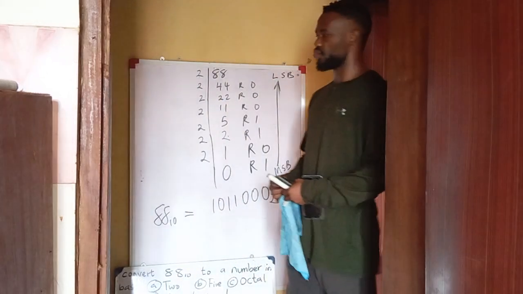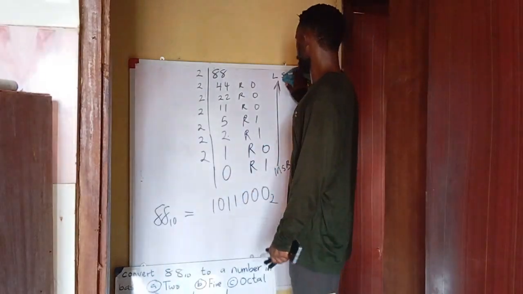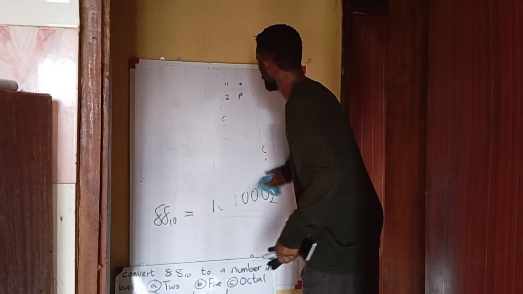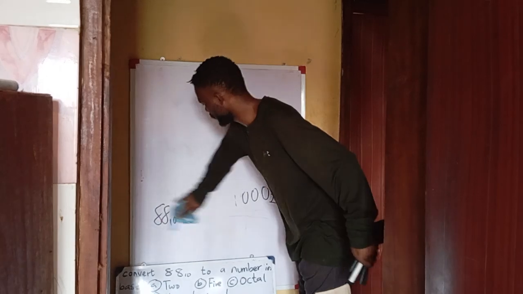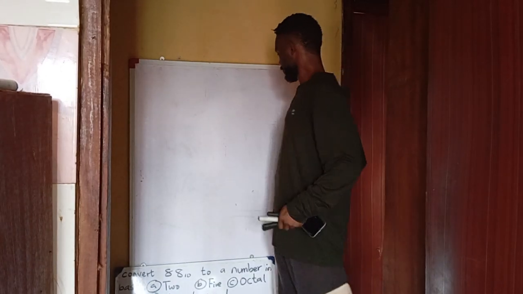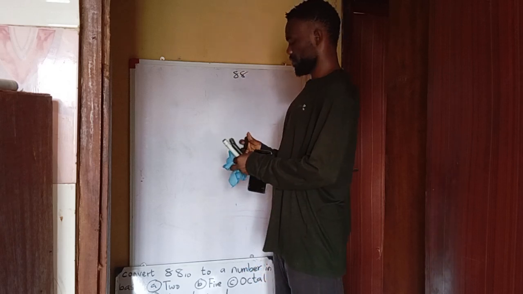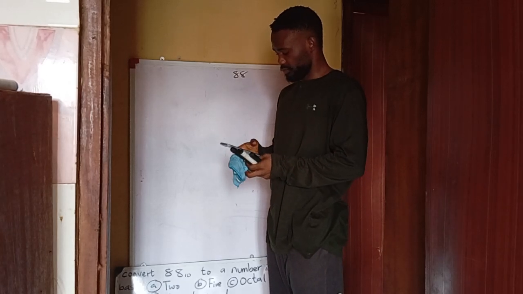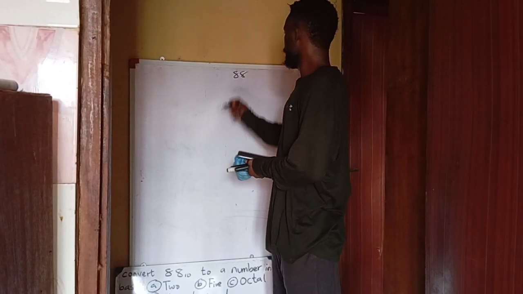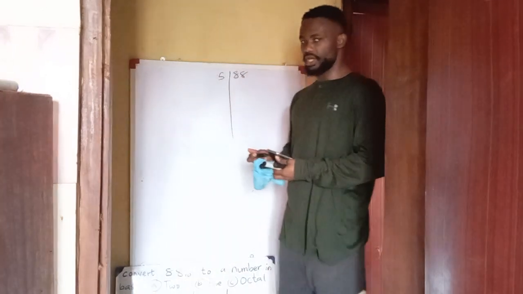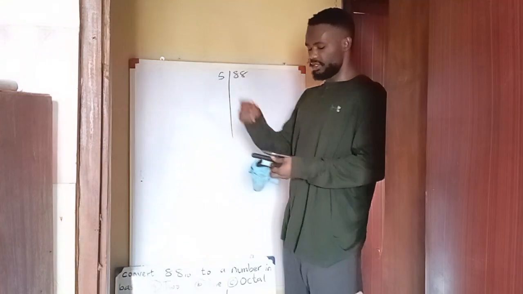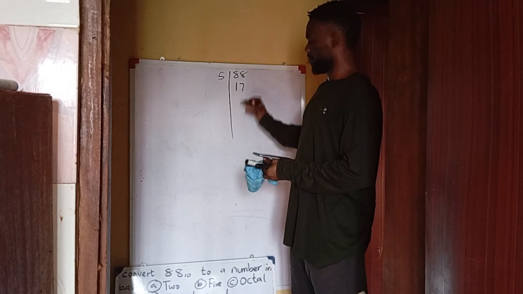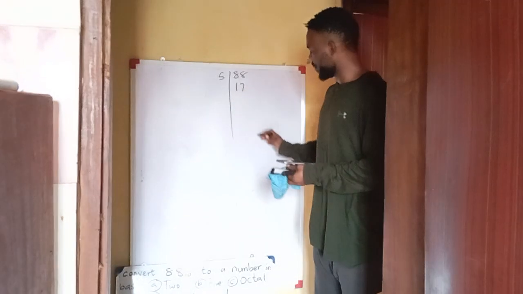So remember, they also asked us to convert this to base 5. So let's see what we have. 88, it's very simple: if you are converting from base 10 to any base, divide by that value. 88 divided by 5, on my calculator I see 17.6.